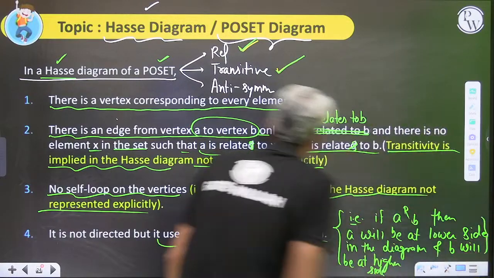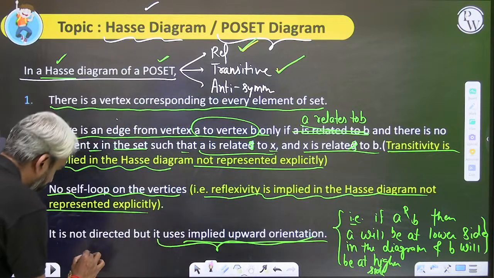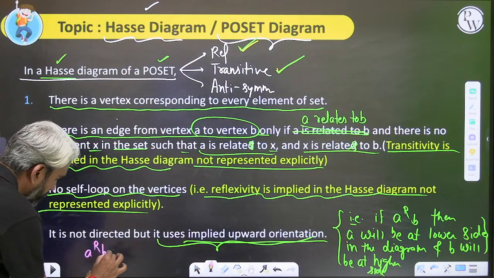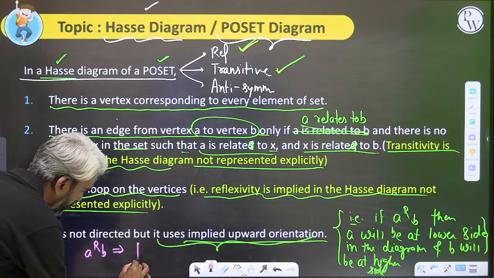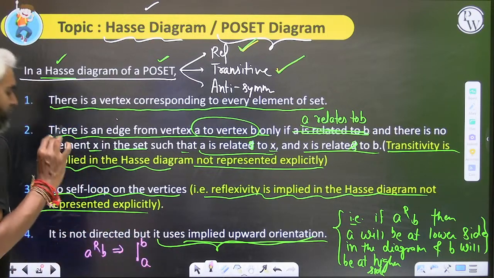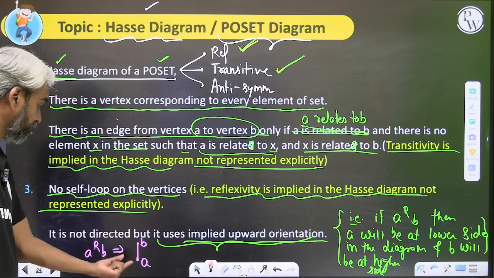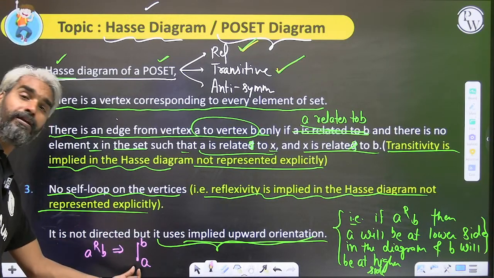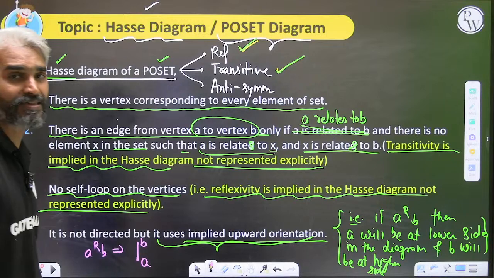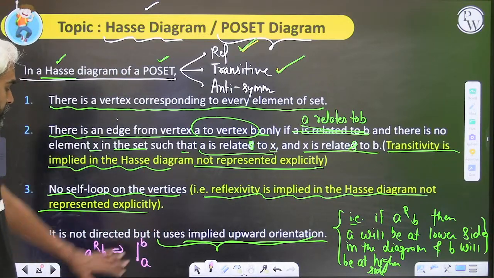What does it mean, lower side, higher side? Basically, if we have A relates to B, then when we construct a Hasse diagram, A will be at the lower side and B will be at the higher side in the diagram. So rather than drawing a direction from A to B, we keep A at the lower side and B at the higher side in the Hasse diagram. That's just the notation.